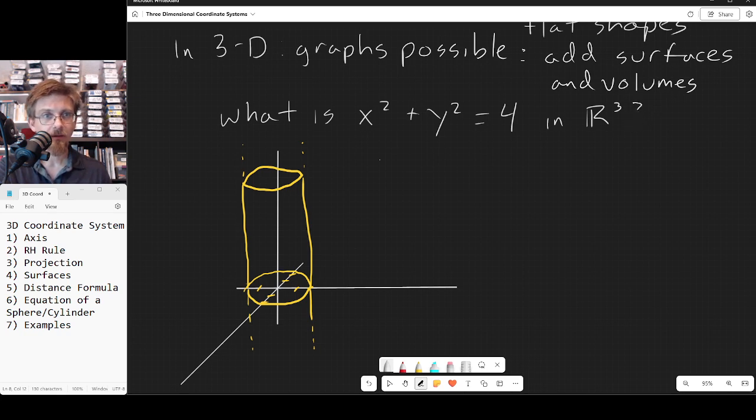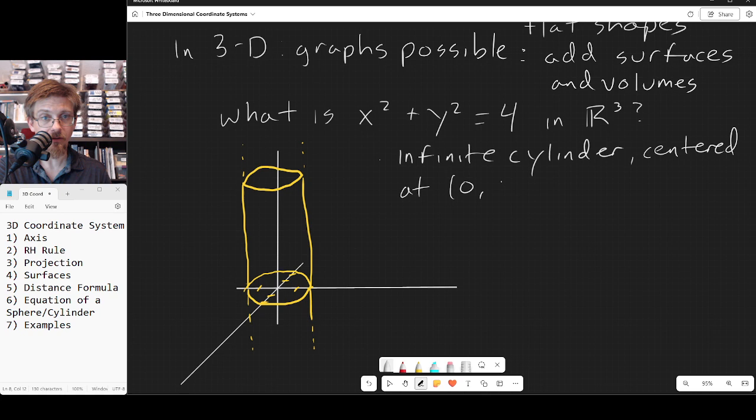So this is an infinite cylinder, centered at (0, 0, 0), the origin, and has radius 2.